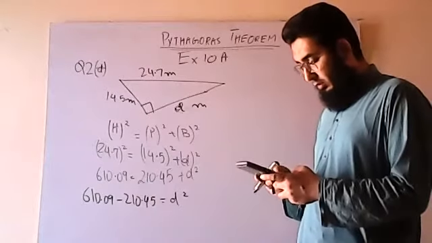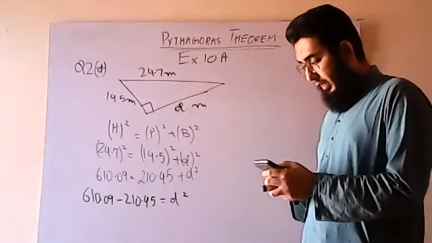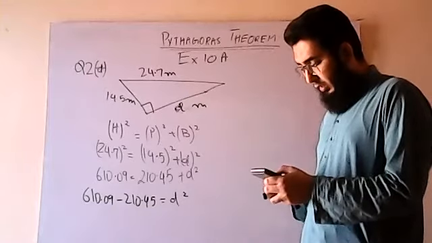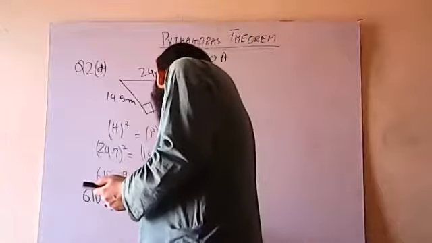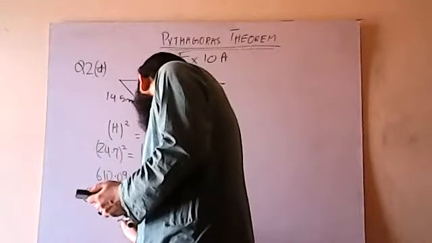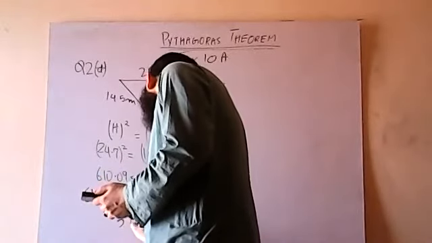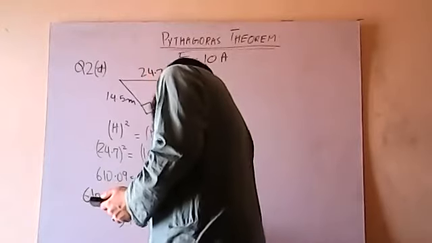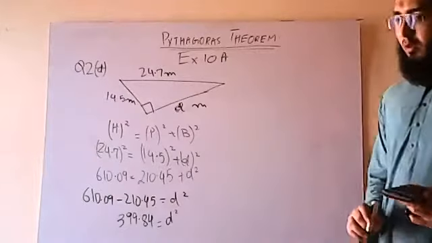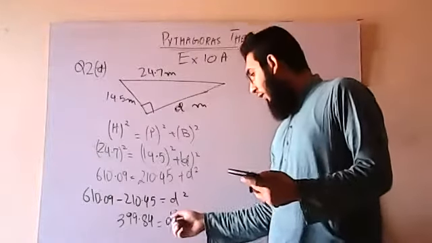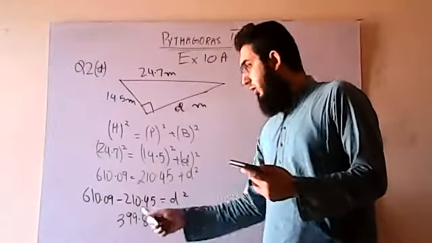If I now subtract it, I am getting 399.84. That is equal to d square. Now, sir, how will I do that? For removing the square, I need to place a square root.